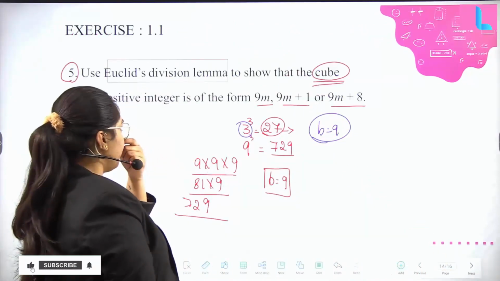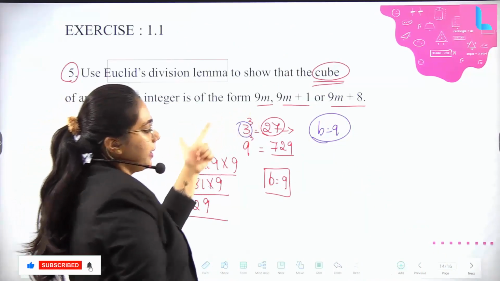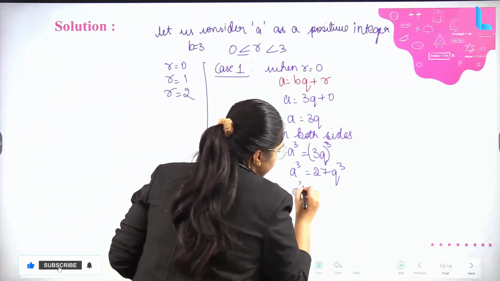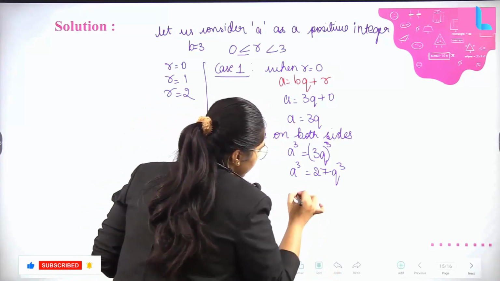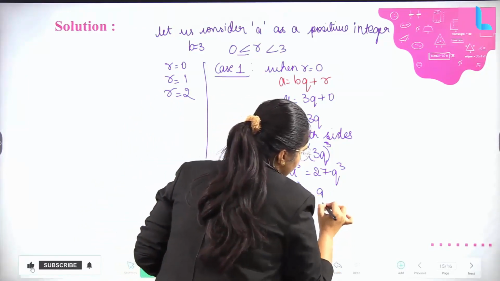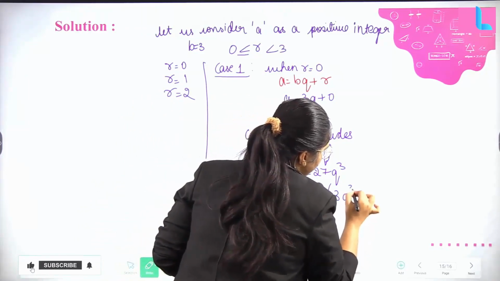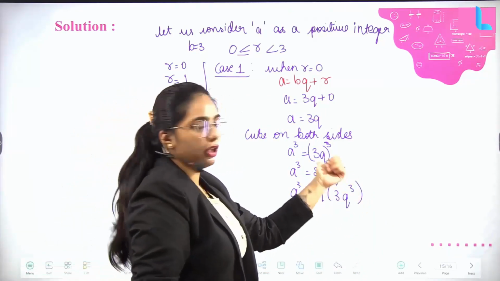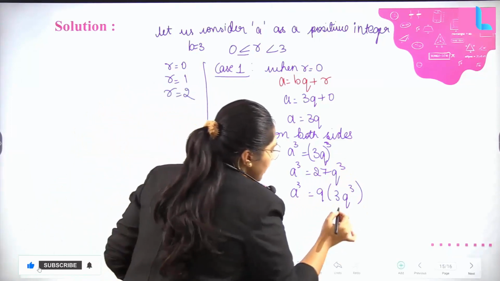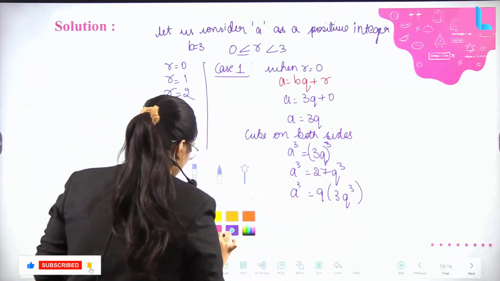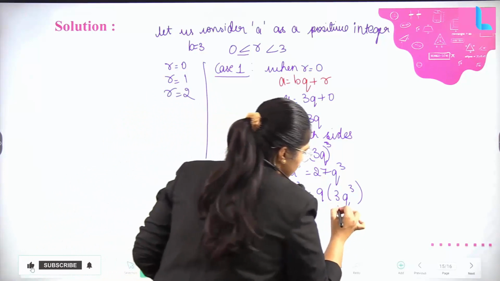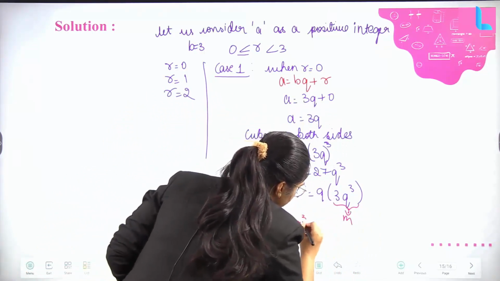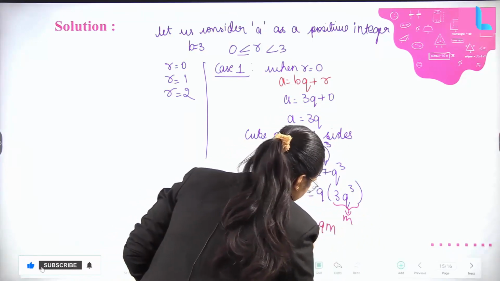In the question, what do you want? You need 9m. So for simplifying, we'll take 9 as the common factor: 9 times 3q cube. See, if you multiply this, 9 times 3 is 27, cube is what you'll find. This whole thing you have to consider as m. So a cube is equal to 9m.